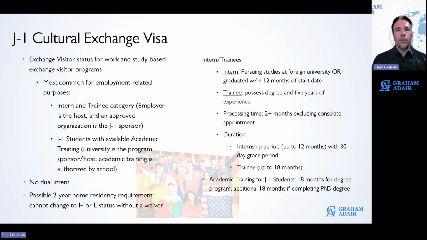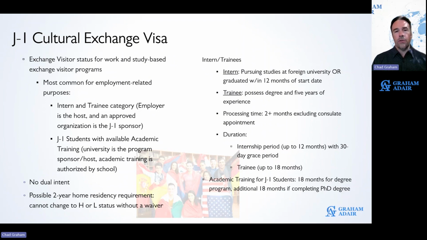Now, there's a way to get a waiver of that requirement. And in most cases, we're able to get that waiver. So if you feel like you want to stay in the United States after your J1 program, and there is a 2-year home residency requirement, we may be able to get you a waiver, and then you can remain in the United States without having to go home.